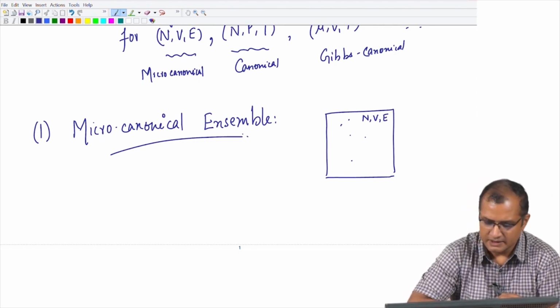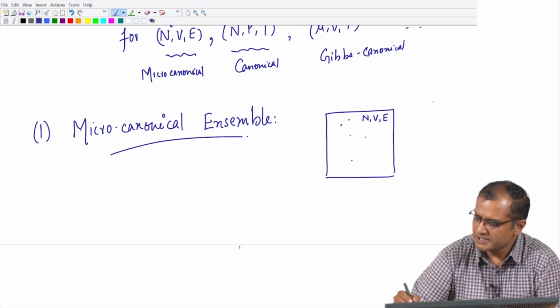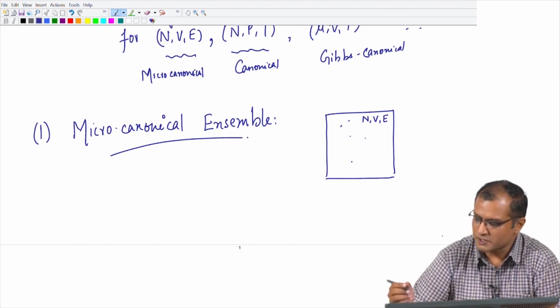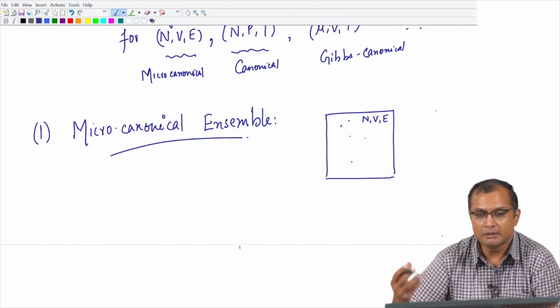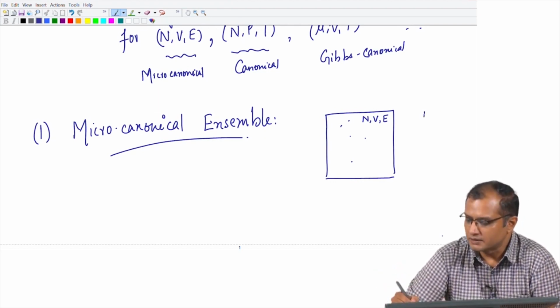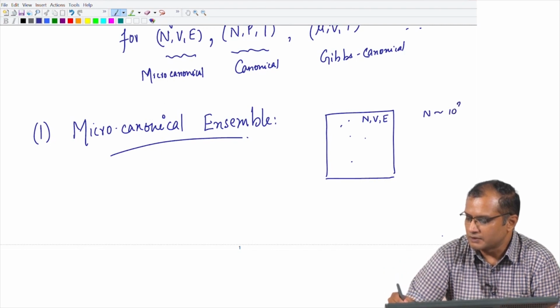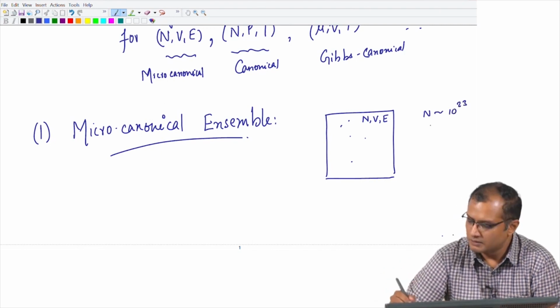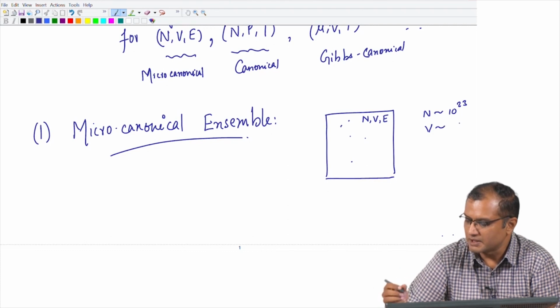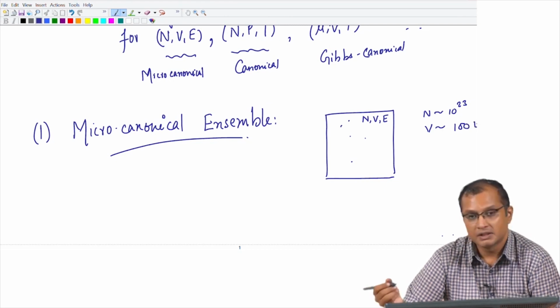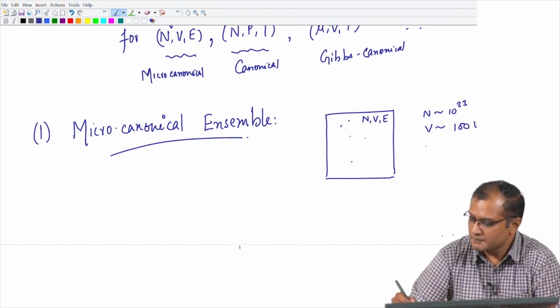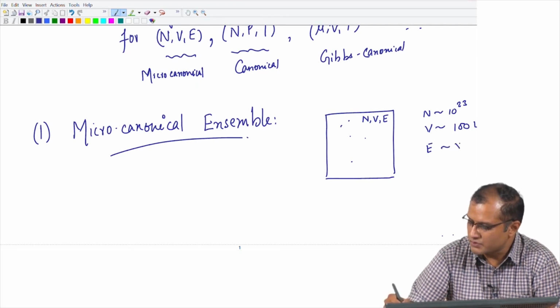and as I said, NVE represents a macrostate here. So, you can specify the number of particles to be of the order of 10 to the power 23. You can specify the volume to be maybe some 100 liters, and you can specify the energy to be some x joules.